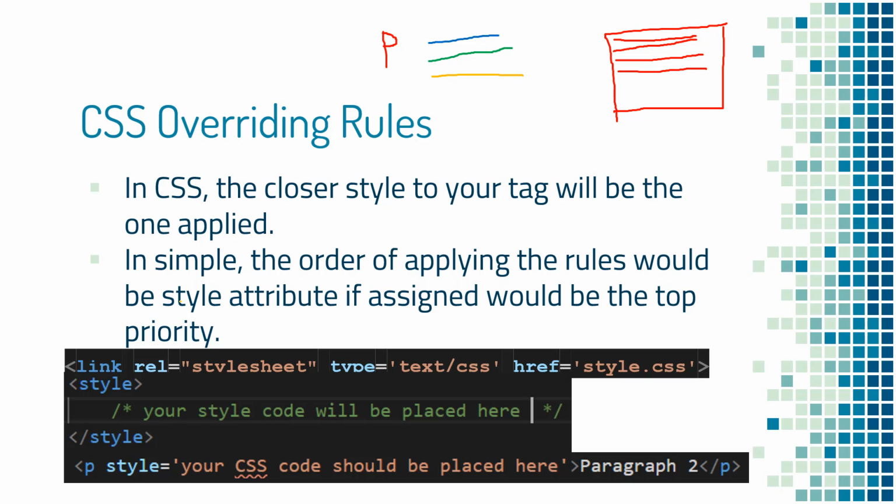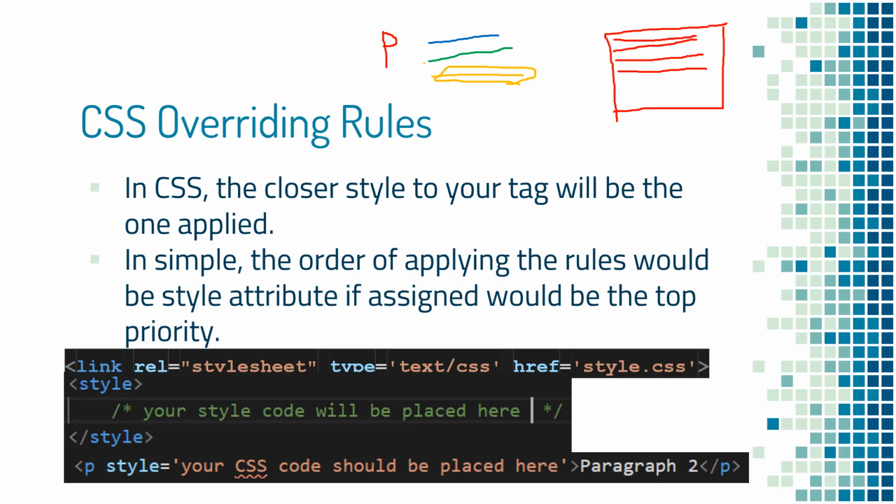So in this case, according to this structure or this order here, if we have a paragraph here, it's going to take the latest one. If we don't have the inline style here, then the last one will take effect.